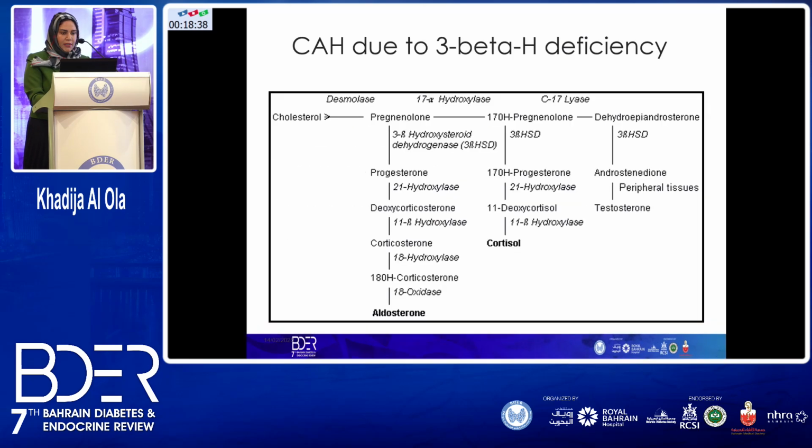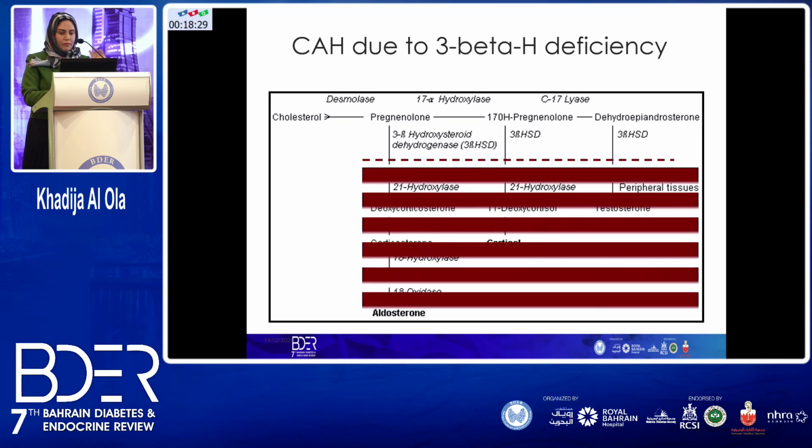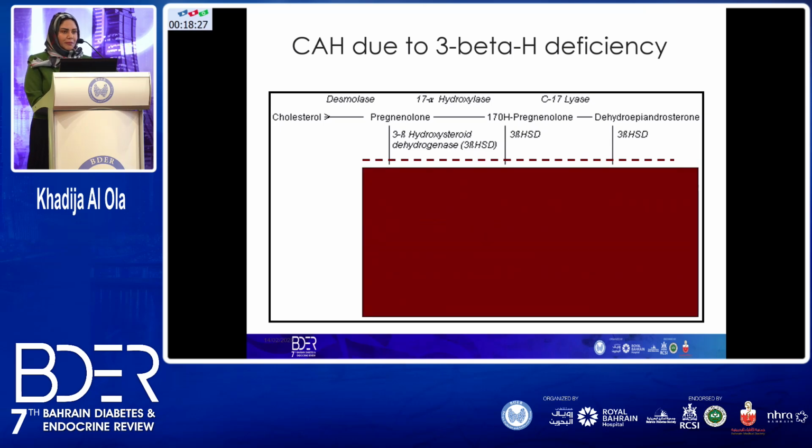This is the one. The last one is 3-beta hydroxysteroid dehydrogenase. It is in all 3 pathways. So what will we have? Salt wasting because there is no aldosterone, no cortisol, and testosterone is low. But we will have DHEAS, which is an androgen, high.